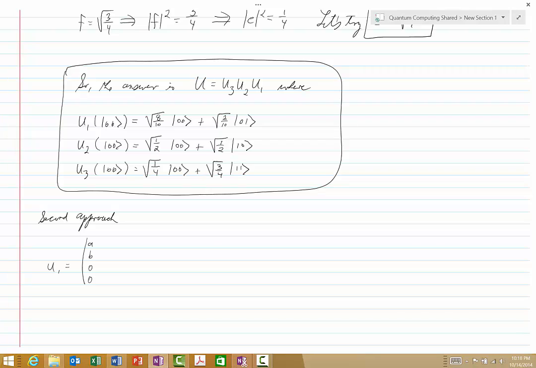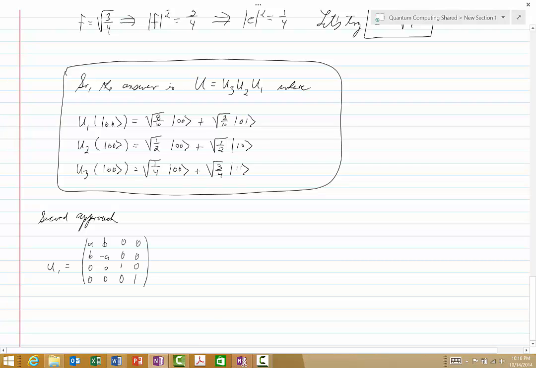And then, since it's two-level, they know something about the second column as well. And what many people assume is something like B, minus A, 0, 0, and then 0, 0, 1, 0, and 0, 0, 0, 1.